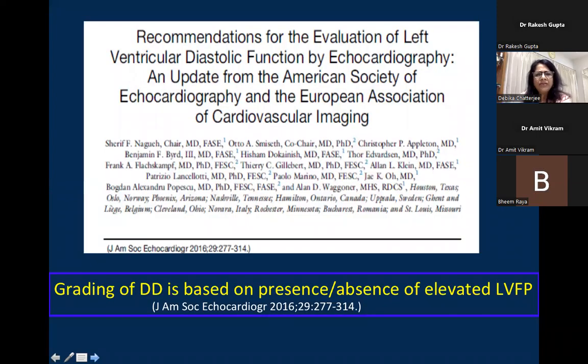And not only that, if you see the latest recommendation of the American Society of Echocardiography for assessment of LV diastolic function, the grading of diastolic dysfunction is based on the presence and/or absence of elevated LV filling pressure.